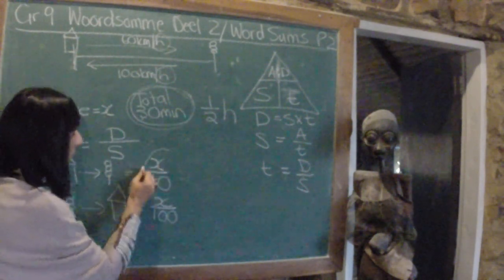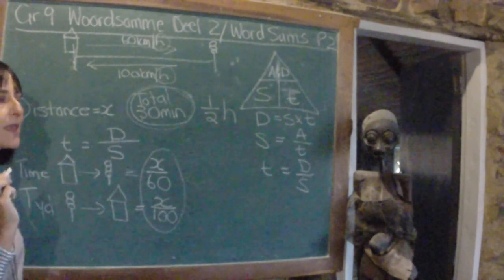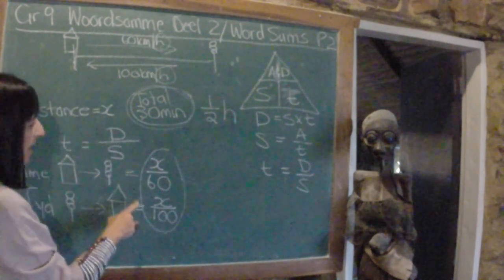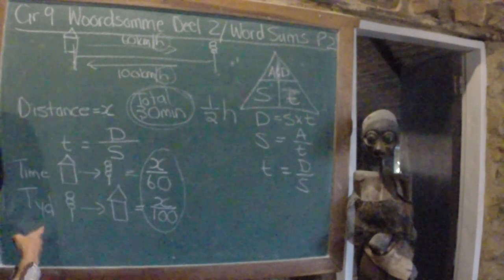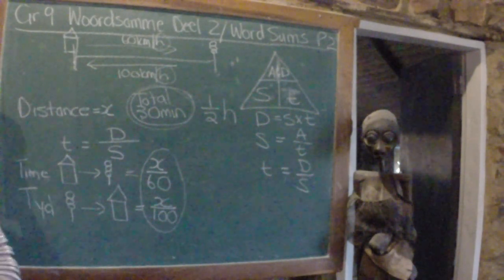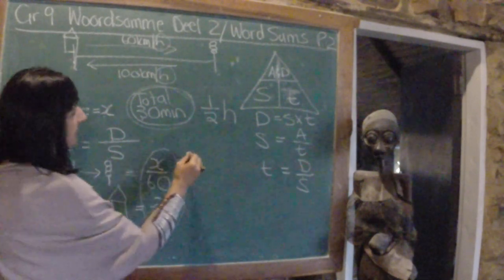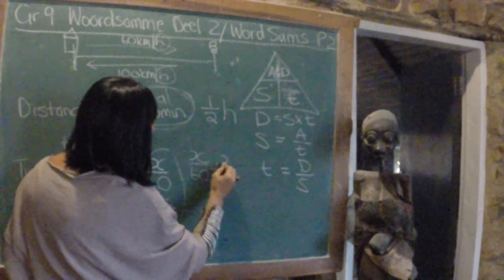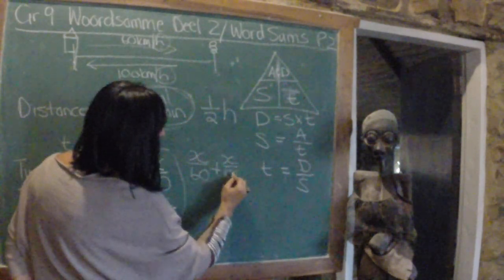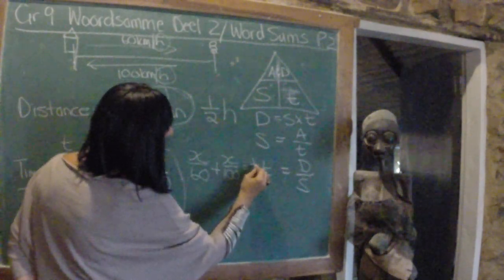So as ons hierdie twee nou bymekaar tel, hierdie twee tye, then it must add up to a half an hour, because the time we're going to calculate in hours. So kom ons gaan sê, x op 60 plus x op 100 gee vir my half.